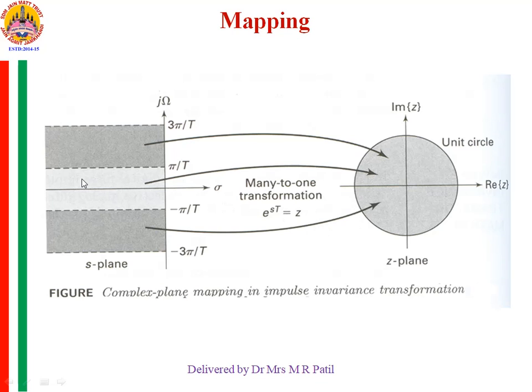So when you transform these different strips into the Z domain, there is a possibility that many pole locations in the S domain can be mapped to one location in the Z domain. Therefore, we say here that it is a many to one transformation in the Z domain.